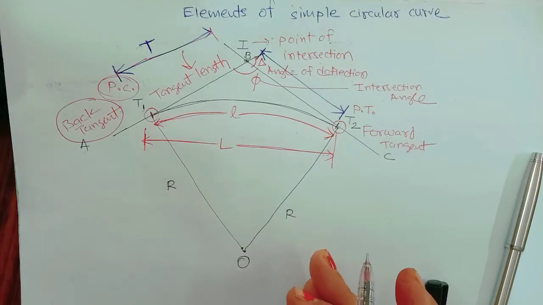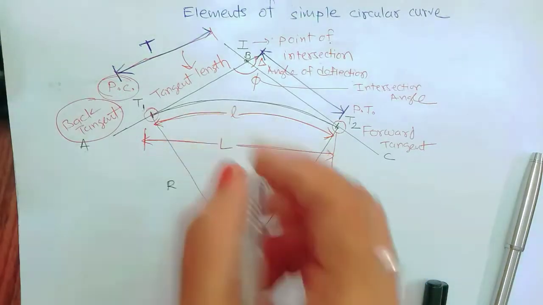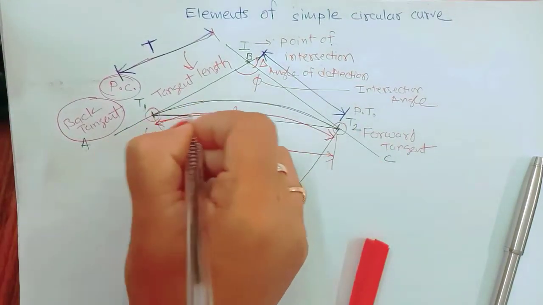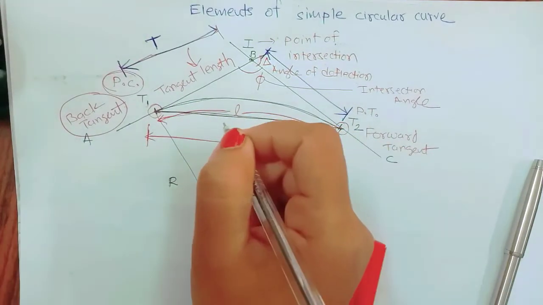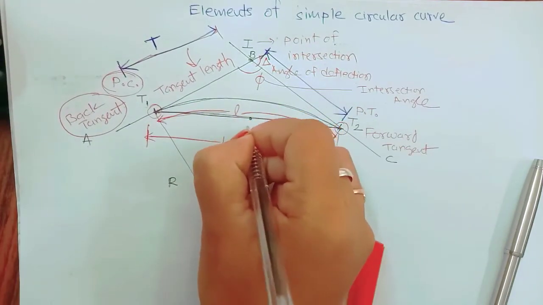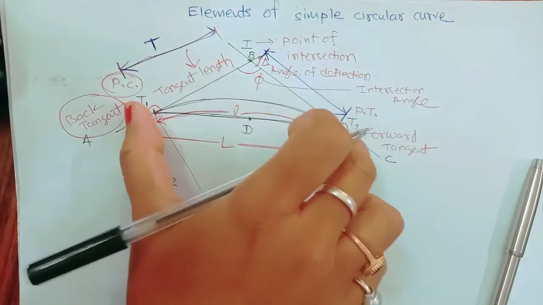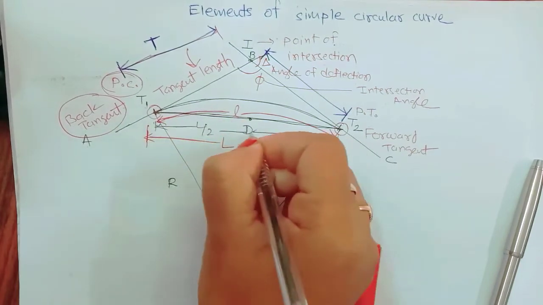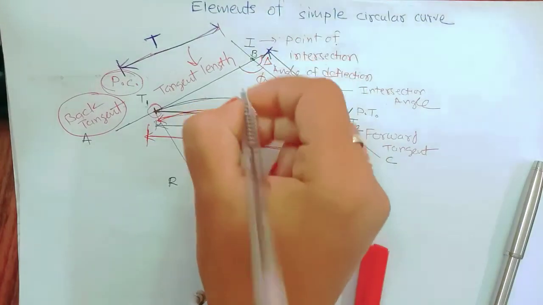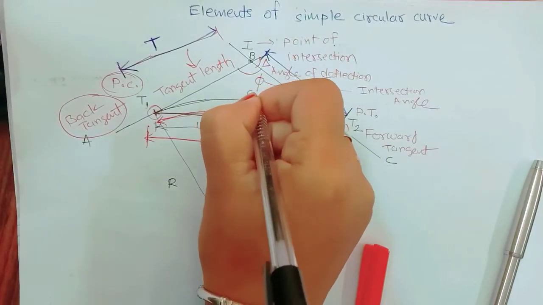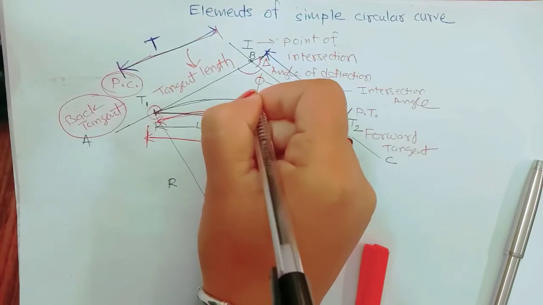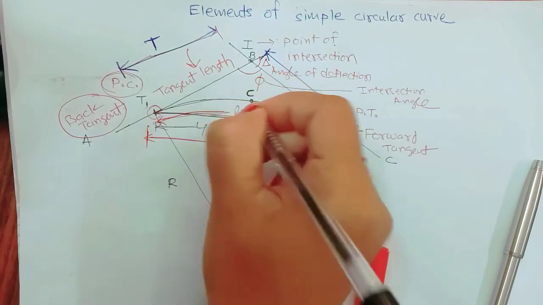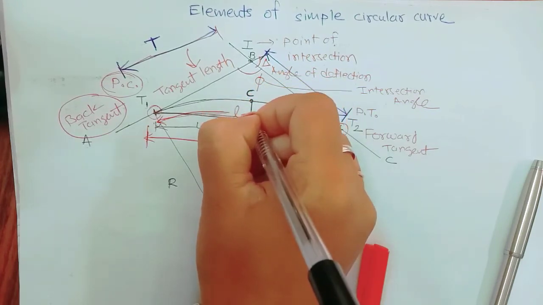Now the next element is mid-ordinate. So what is mid-ordinate? Okay. So let us join this line T1 to T2. Here I am joining this line. Okay. So I divided this line into two equal sections, that means L by 2 and here L by 2. Okay. So this point on the curve, here I give name, that point is C, and this point is D. Okay.